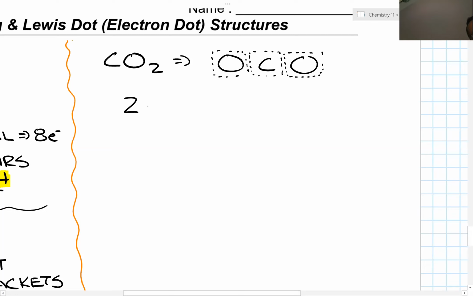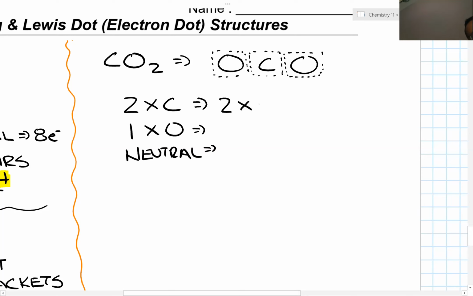So you have 2 times carbon, 1 times oxygen. It is neutral. So what you have is 2 times 4, 2 times 6, 1 times 6.